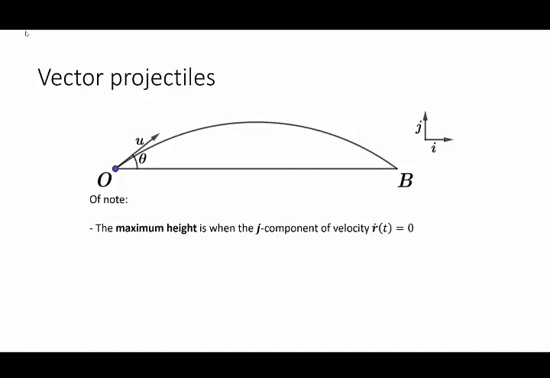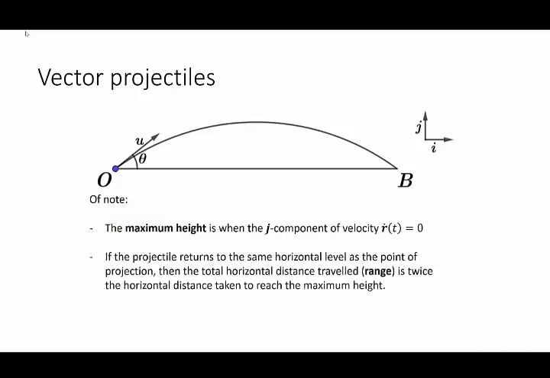Things to note that are often used in questions are things like the maximum height is when the j component of the velocity is 0, and things like if the projectile returns to the same horizontal level as projection, the total distance is twice the horizontal distance, and so on. And things we're looking for there is that the speed would end up being the same going up as down, but with the vector.